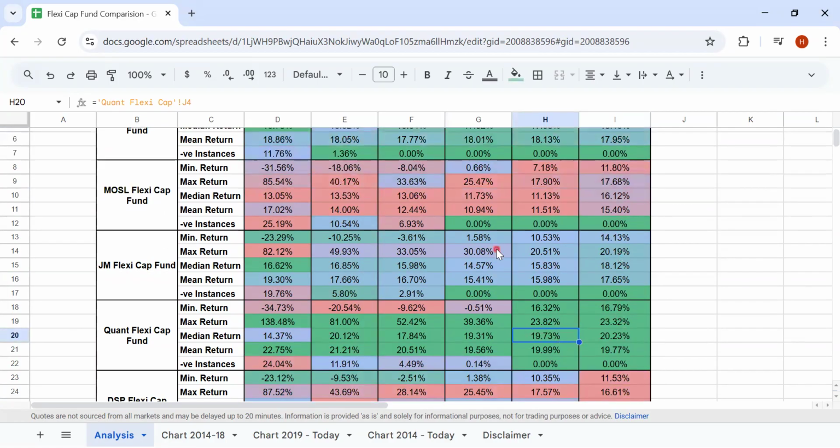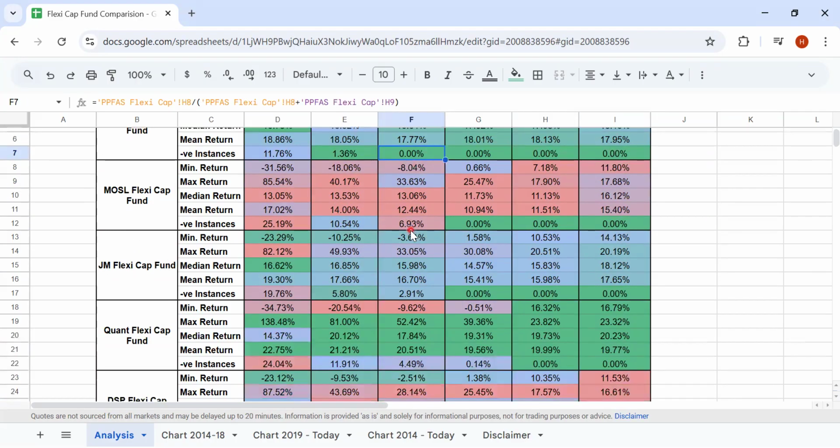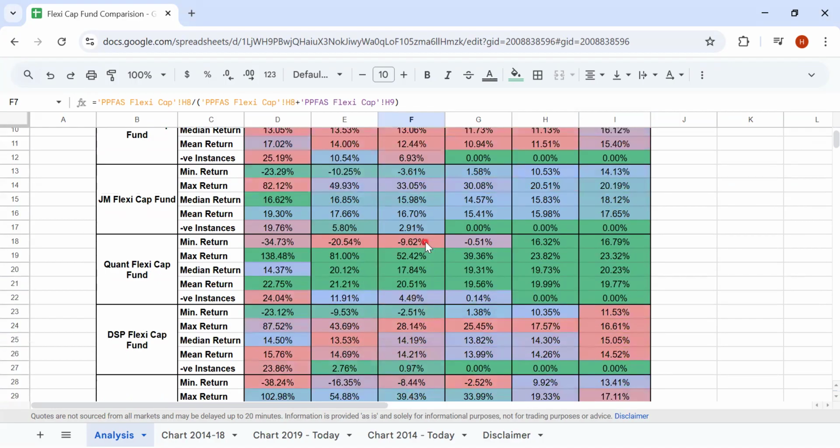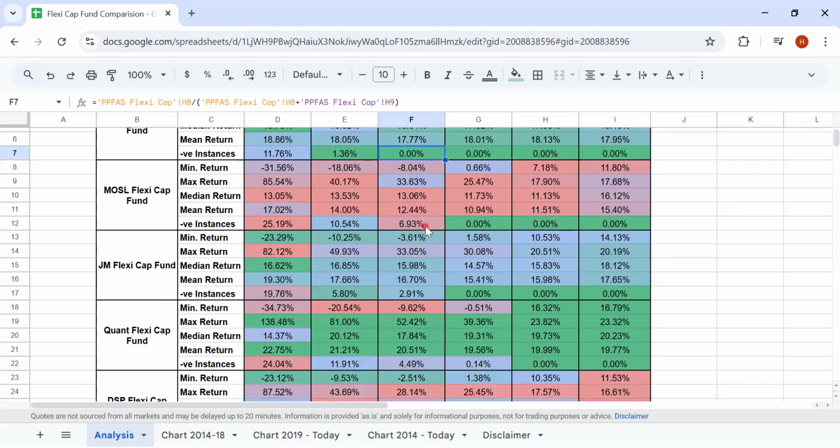Now the other important metric would be the negative instances. Parag Parikh FlexiCap from year 3 onwards has no negative instances. Probably this is the only fund without any negative instances after year 3. For Motilal Oswal FlexiCap, approximately 7% of the times the return would have been negative.